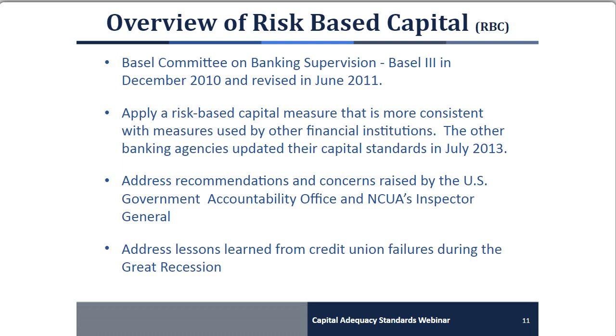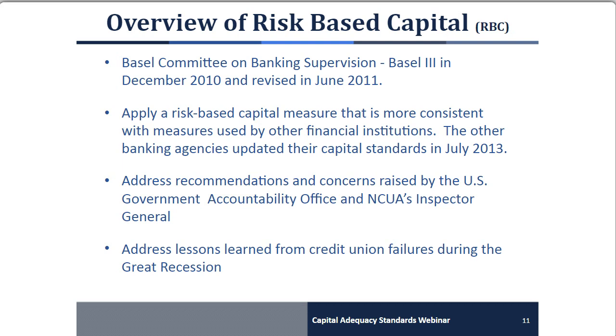NCUA, in implementing this rule, analyzed the impacts and benefits of various approaches to risk-based capital, issued 2 proposed rules, held listening sessions with the industry on the issue, delayed implementation twice, all in an effort to obtain a reasonable and meaningful regulation on capital adequacy.